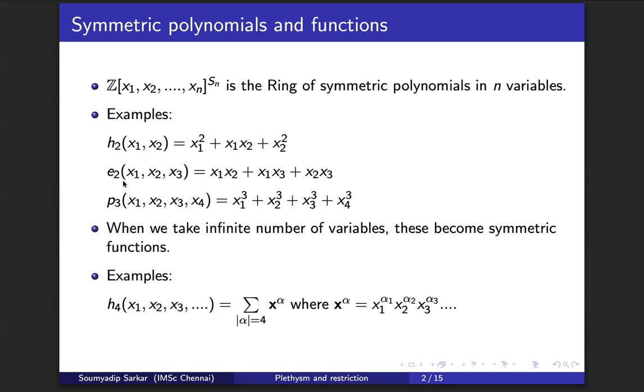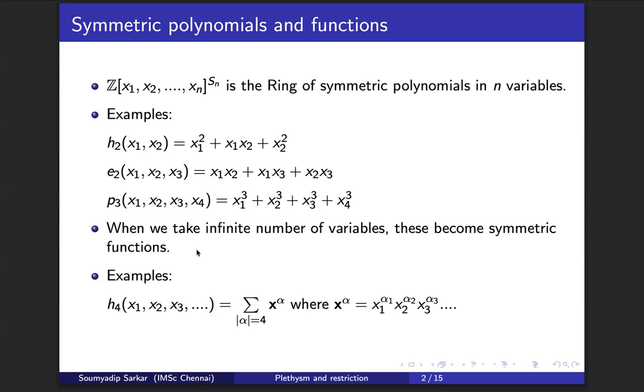Then the elementary symmetric function e2, for example, in three variables: you are allowed to take two of them at a time and you are not allowed to repeat. So you get x1x2, x1x3, x2x3. And for example, p3 is called a power sum symmetric function: you raise every variable to some power and you add them up.